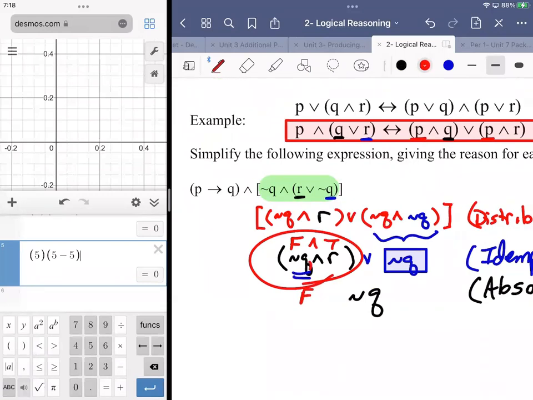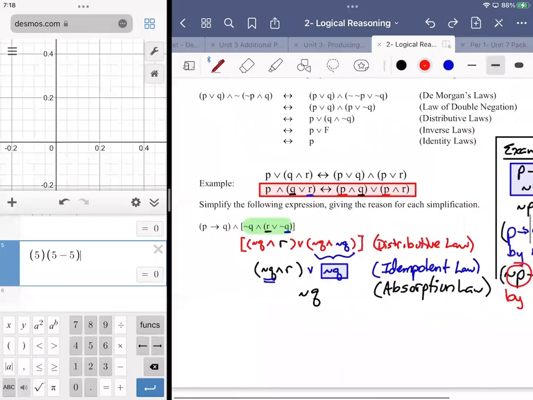If this not Q is false, then this one has to also be false, making the entire sentence false, and we can't have that, right? So that's the justification for why the absorption law works. Most people are not overly interested in that. They're more interested in the fact that it does work. It's like, it works, it's in the list, okay, good, fine, got it.